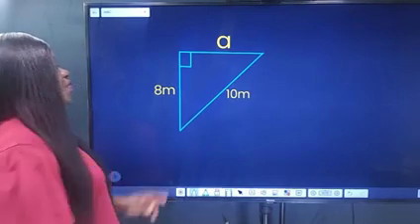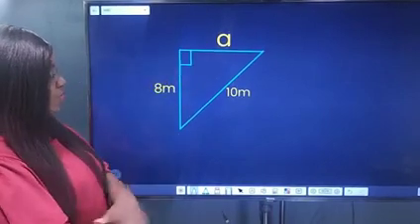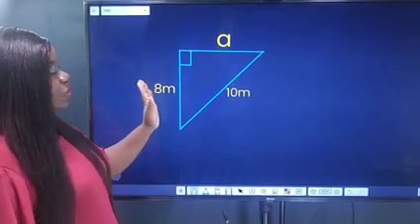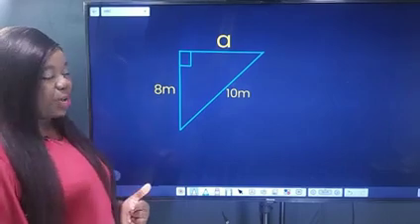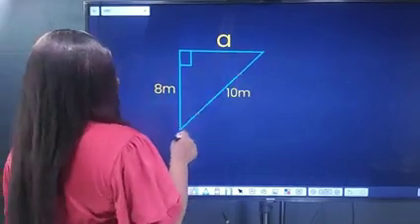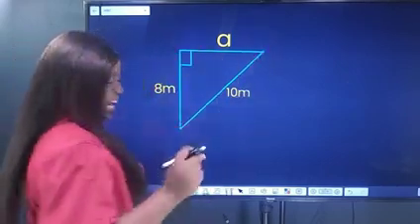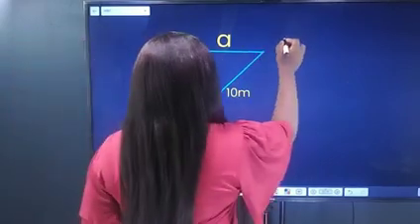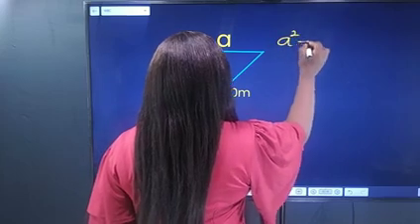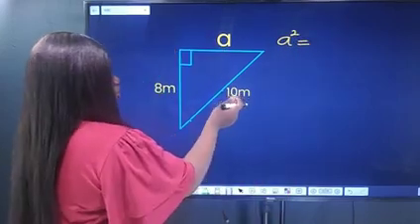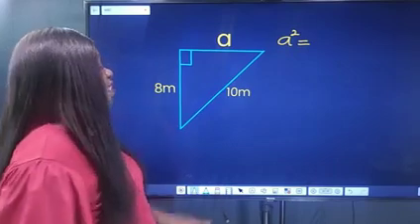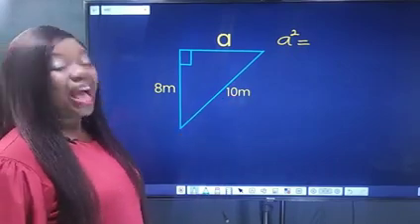Now the next example says we should find this side. You can see that the right angle triangle has been turned the other way, and this still remains our hypotenuse. This is the opposite, and A is the adjacent. Now we have to find the adjacent. For you to be able to find the adjacent, you subtract the square of the shorter side from the square of the hypotenuse.